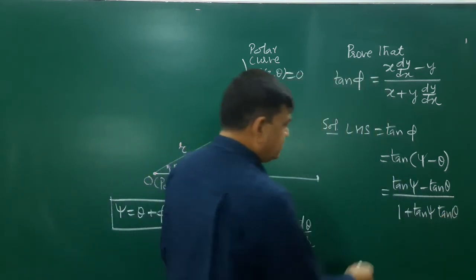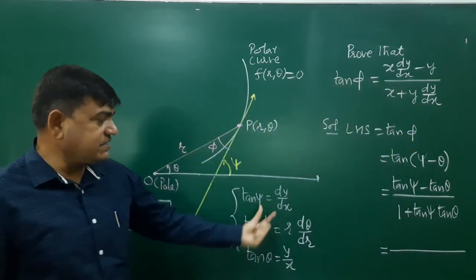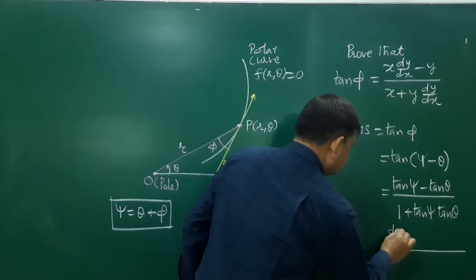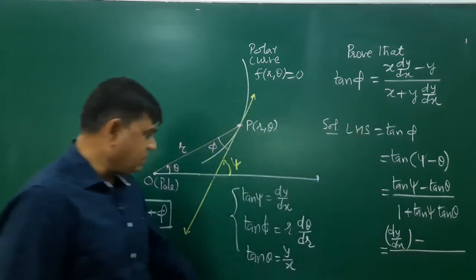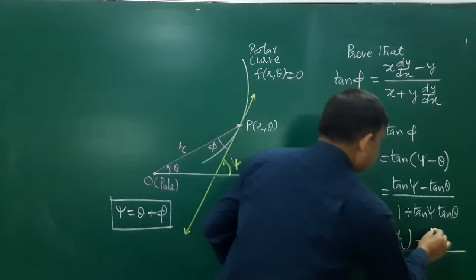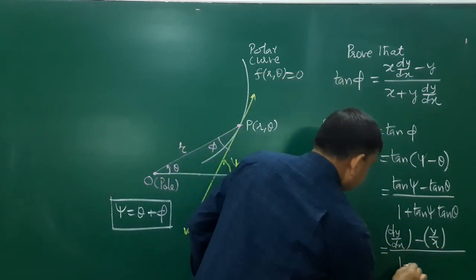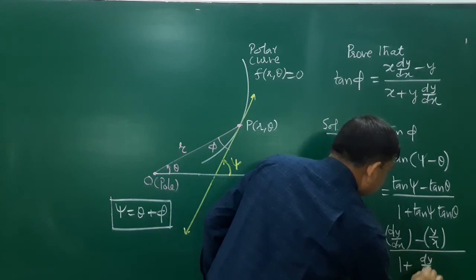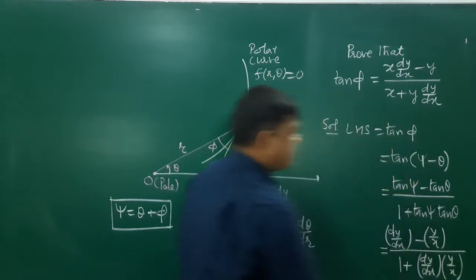Trigonometrical results we can use. Tan psi, here it is dy by dx, minus tan theta, y upon x, upon 1 plus dy by dx into y upon x.